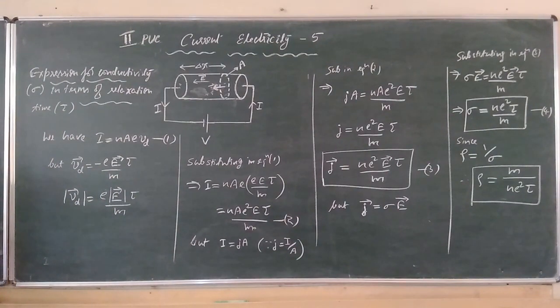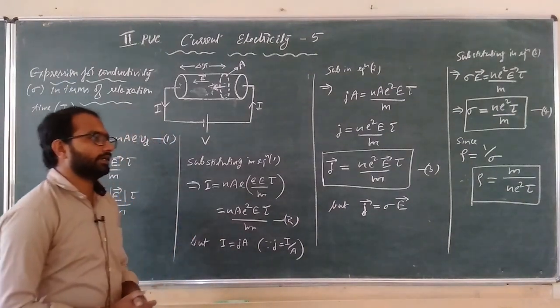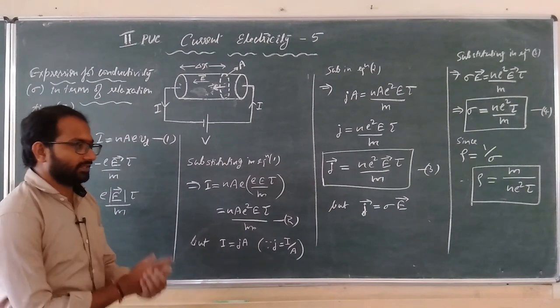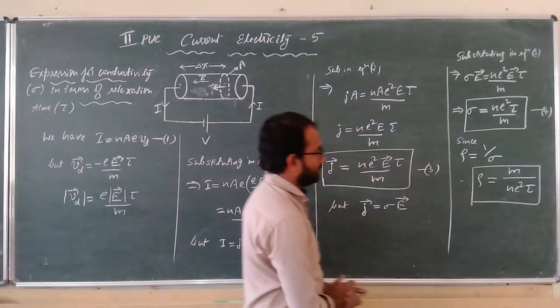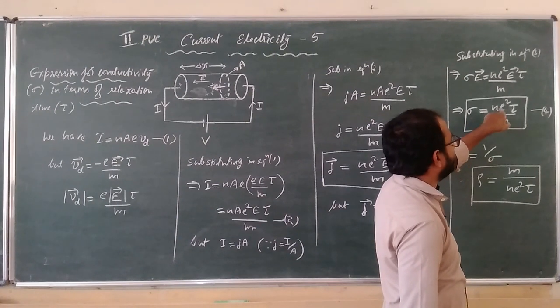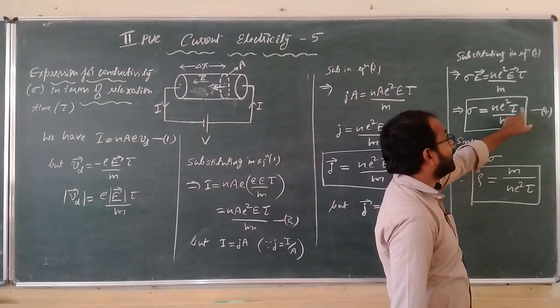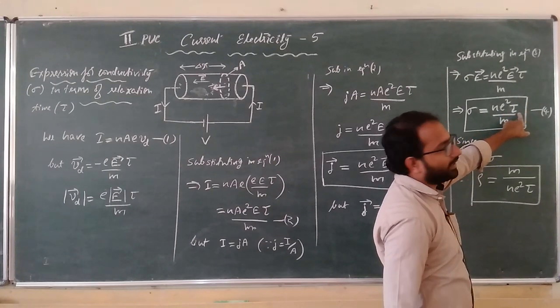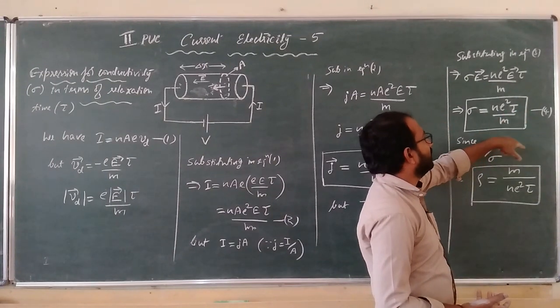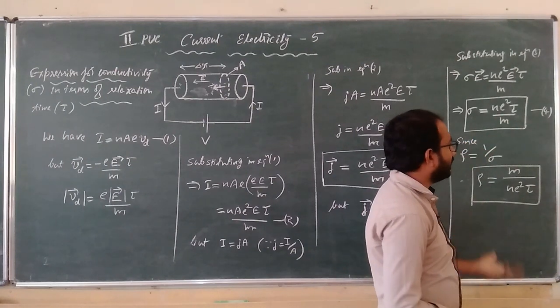So that is the expression for conductivity and the expression for resistivity. As I told, resistivity and conductivity depend on the nature of the material used, the temperature and the pressure. See the terms here: number density, the number of electrons in unit volume of the conductor, charge of the electron, relaxation time, how frequently the electrons collide with the positive ions, and the mass of the electron.